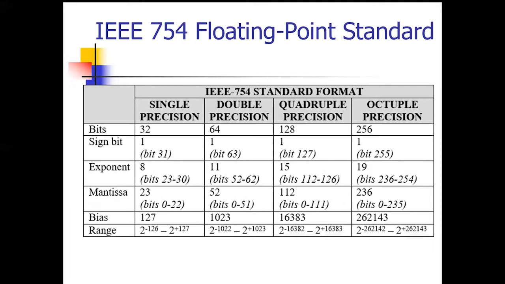The main difference is the dynamic range of numbers that could be represented using these precision modes. As we move from single precision to octuple precision, we could represent many more numbers. The dynamic range of numbers increases significantly.